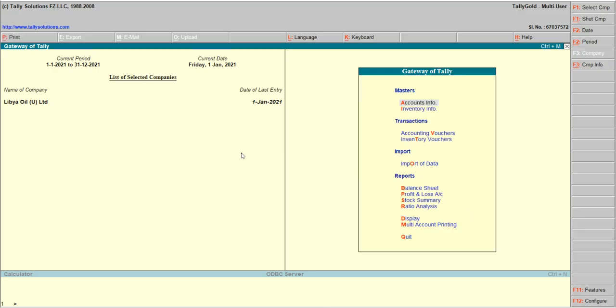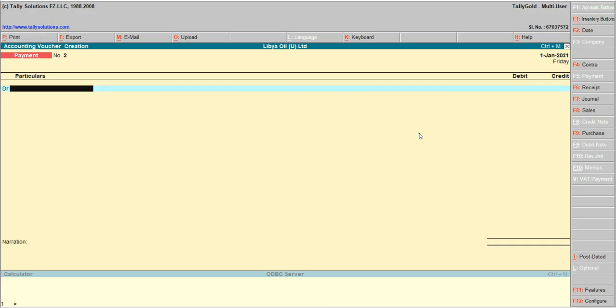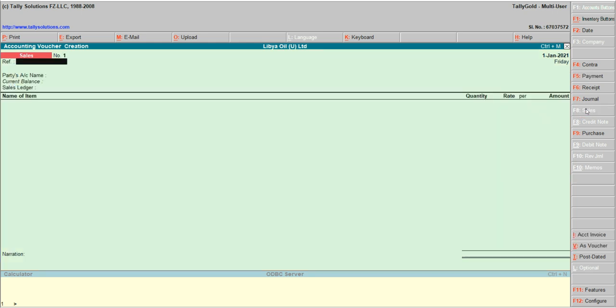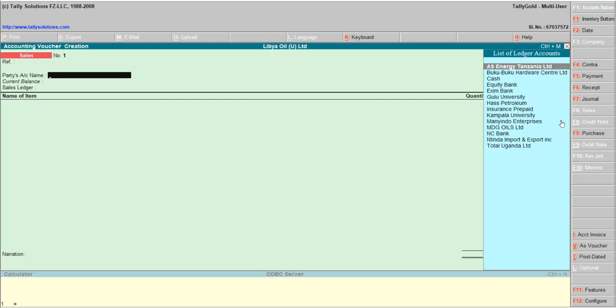So go back to the accounting vouchers. Which voucher do you use? If sales are made, we are going to use the sales voucher. Party name, they sold to who?